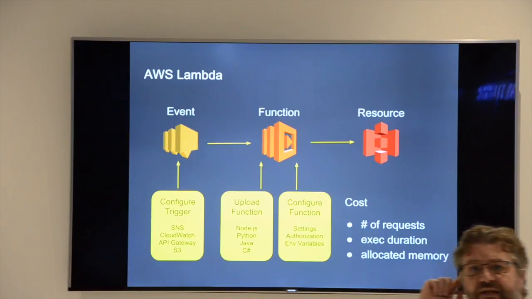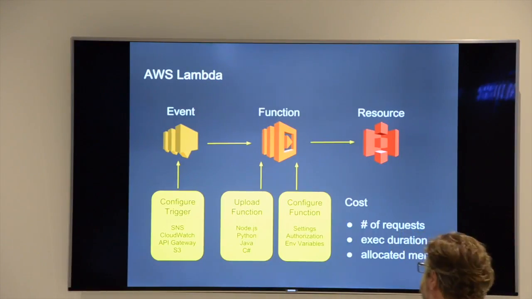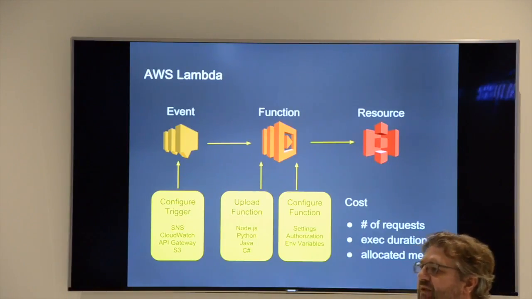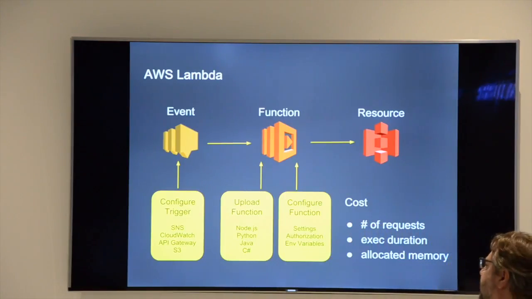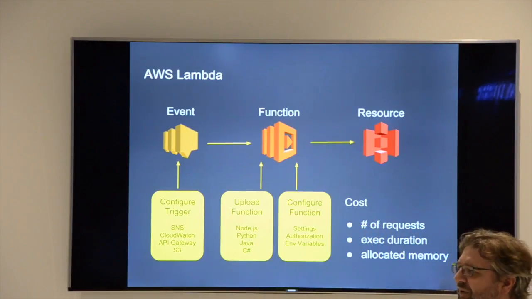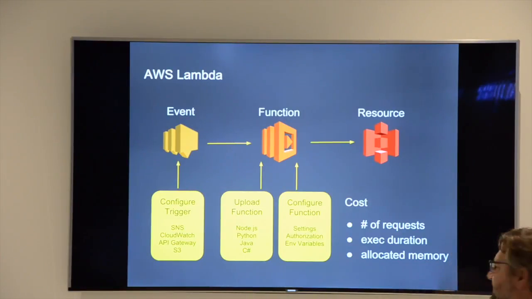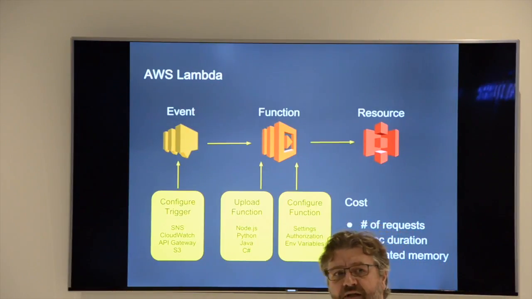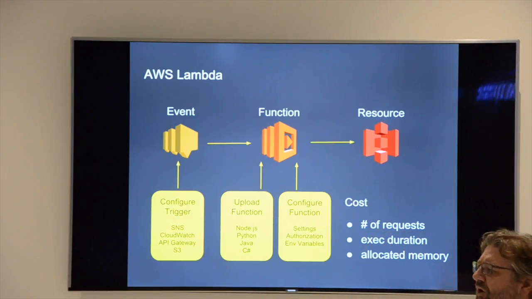I also put one additional point on the slides. It's about the costs. How much do you have to pay for AWS Lambda? It consists of three points. First, the number of requests. The more requests I have, the more I pay, obviously, because it's pay per use. And how much is the price for one single call? It depends on two characteristics. One is how long my function runs, the execution time, which is rounded up to 100 milliseconds for each call.